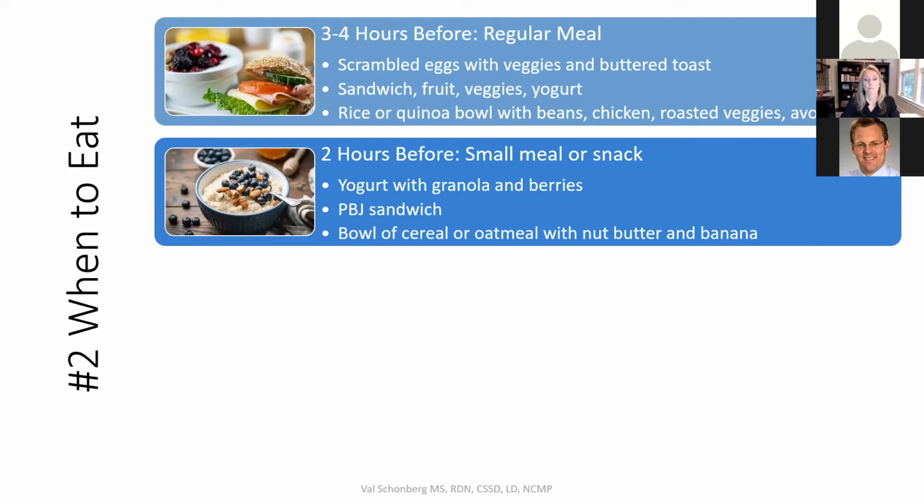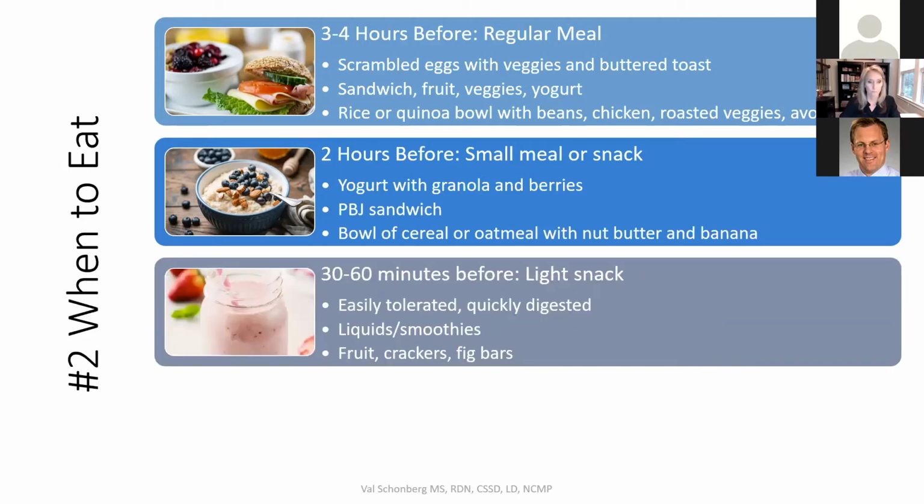Maybe something a little bit smaller. Still something that has some protein and carbohydrates would be okay. We just want to make sure we digest that. So yogurt with granola and berries. Some people like that idea. Peanut butter and jelly sandwich, or even something as simple as a bowl of cereal. Or you could do an overnight oatmeal and bring it with you with some nut butter and banana.